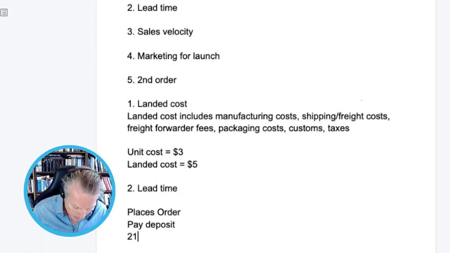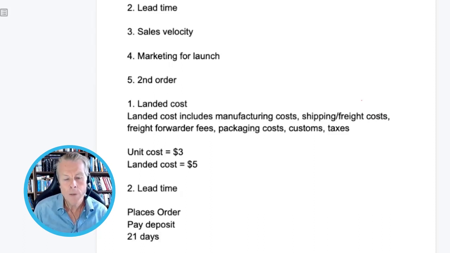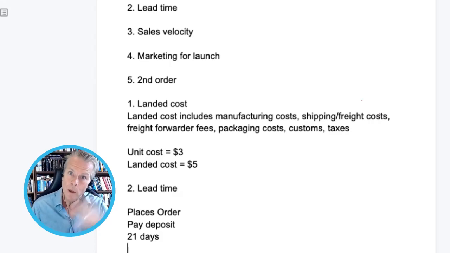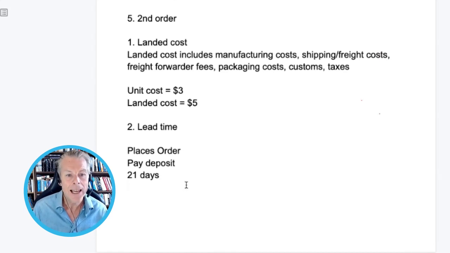Typically that takes about 3 weeks on average, sometimes more, sometimes less. 3 weeks is a good average though, and it includes, if you do it, a mid-production inspection. So that's 21 days. Now 21 days later, we're ready with our product. The factory says, hey, we've produced your product. What's the next thing we're going to do at that point? What's next?